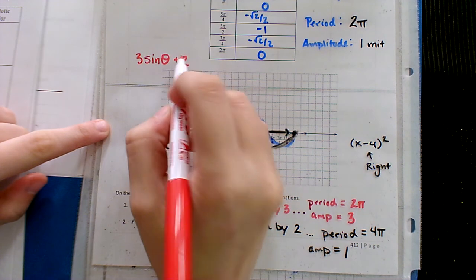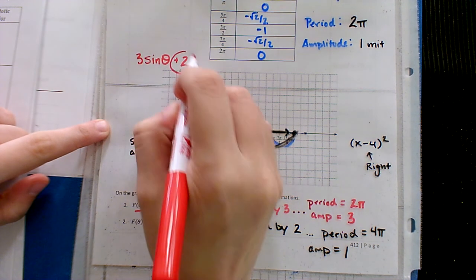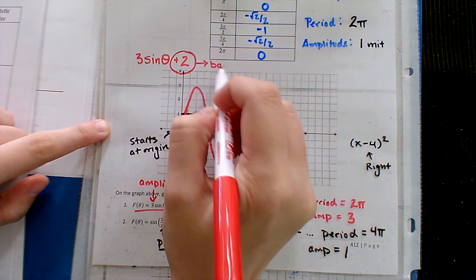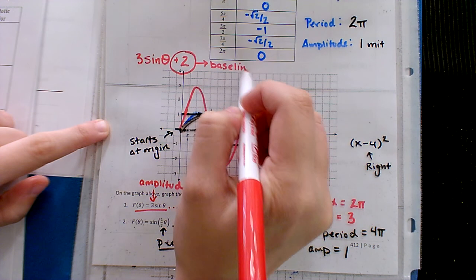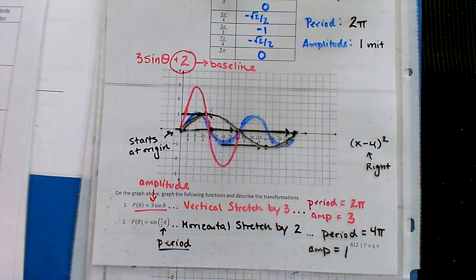So if we were to move this up 2, anything being added or subtracted on the end is where your baseline is, where the middle is located. We're not going to dive too deep into that, but that is a characteristic worth noting. Does that make sense, though? We talked about those shifts going up or down.